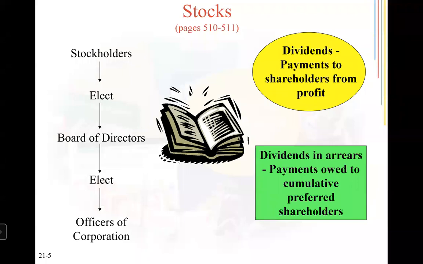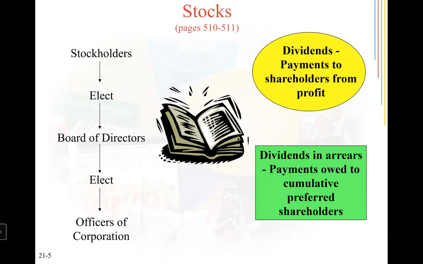So the common shareholders would have the voting rights to select their board of directors. And usually the dividends are paid out each year. And as I said earlier, it would be payments to the shareholders from the profits.